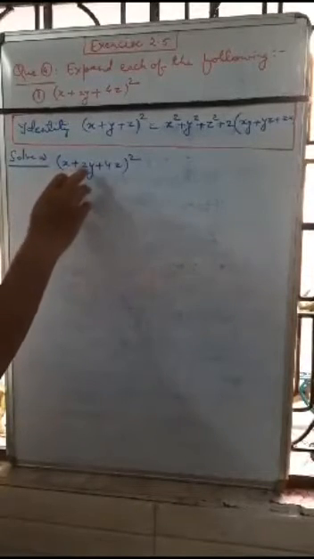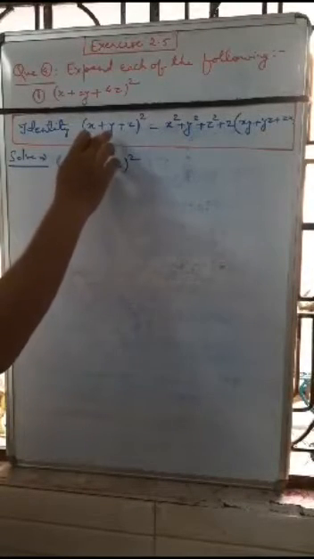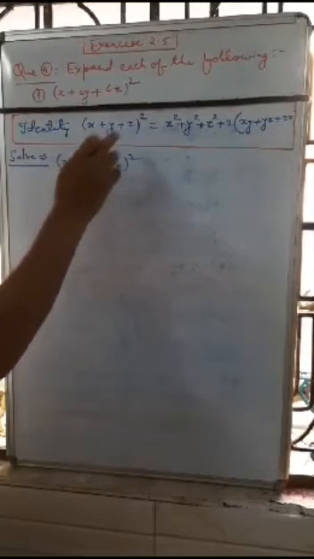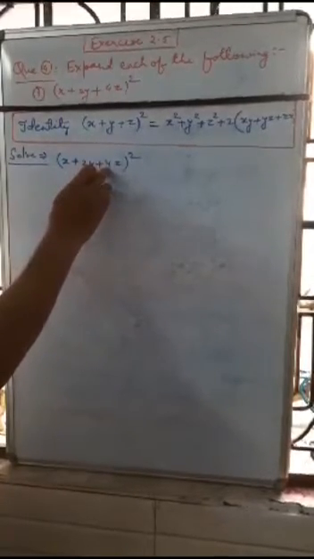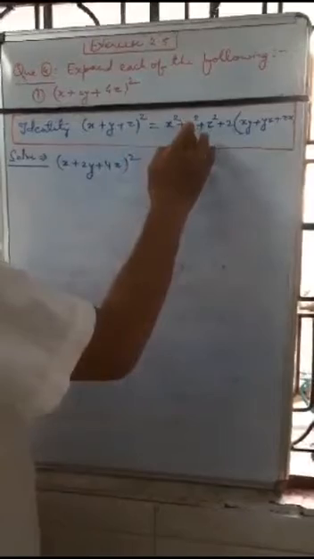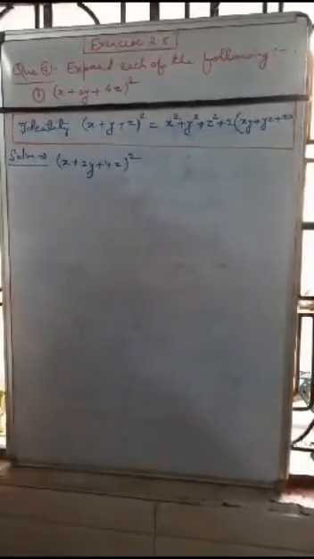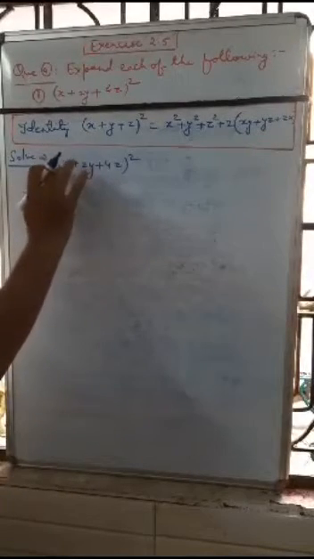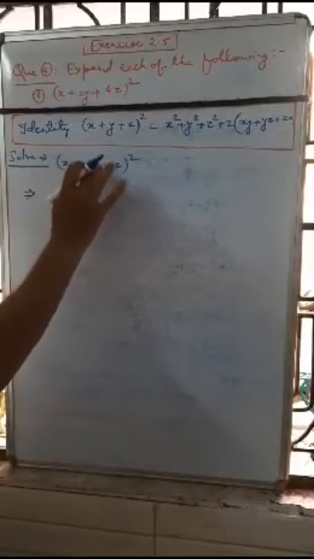Similar problem, x plus 2y plus 4z, but there is a difference: here it is 2y, and here 4z. So only in place of y or z you will put 2y or 4z. So how to use the identity? That is x, that is y, that is z.